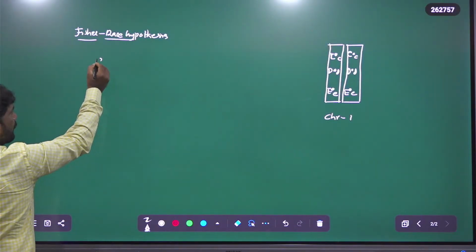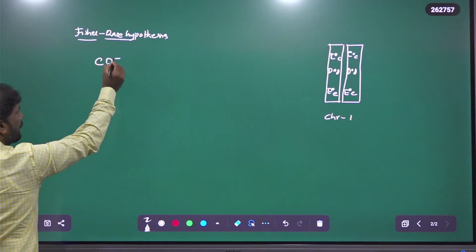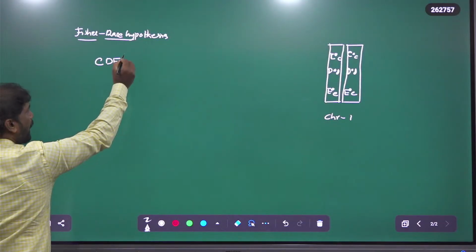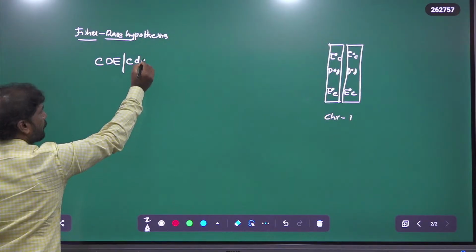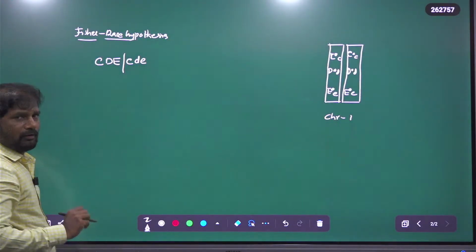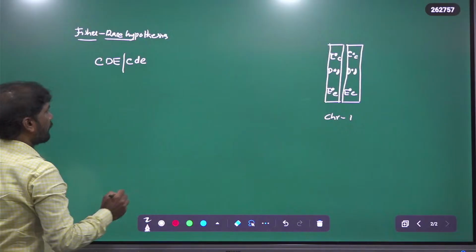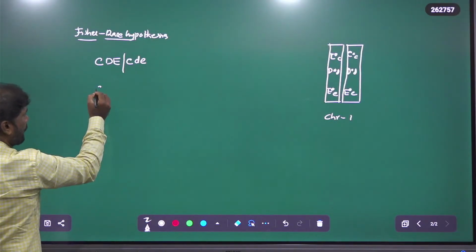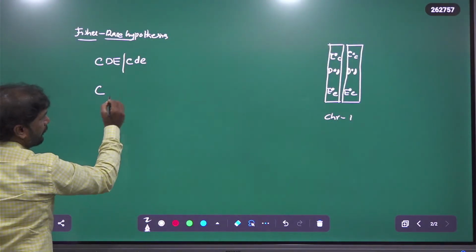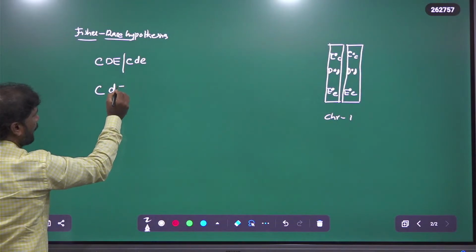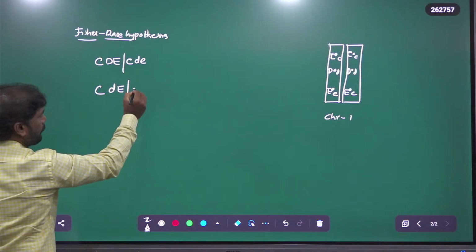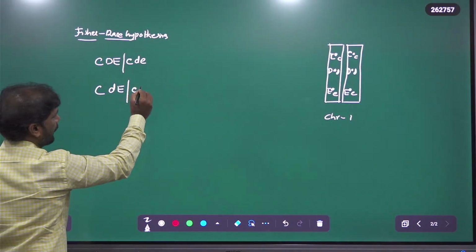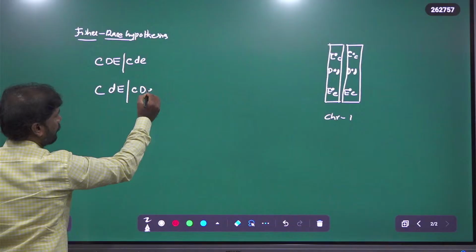Here it is C, D, E and small c, small d, small e. This is one composition, and the second one is capital C, small d and capital E, and then small c, capital D and small e.